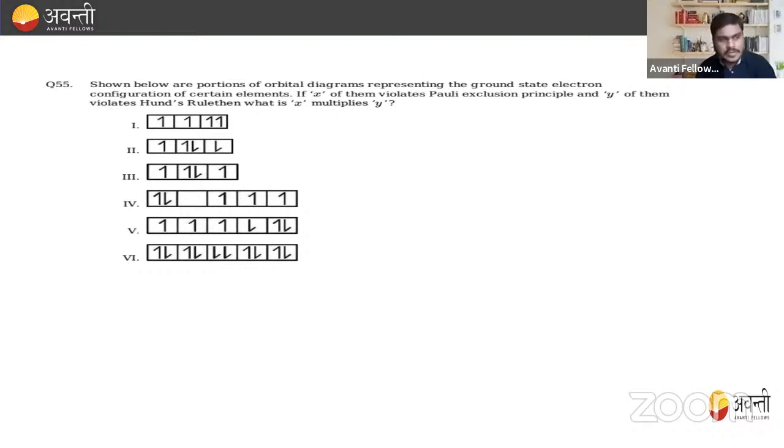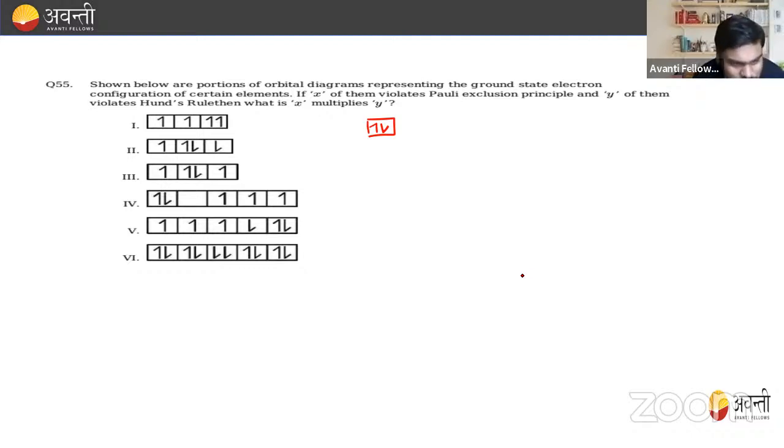According to Pauli exclusion principle, no two electrons have the same set of quantum numbers, right? If I'm talking about option one, in an orbital, two electrons must be there and these two must have opposite spin. Is this principle Hund's rule or Pauli exclusion principle, right? Tell me.